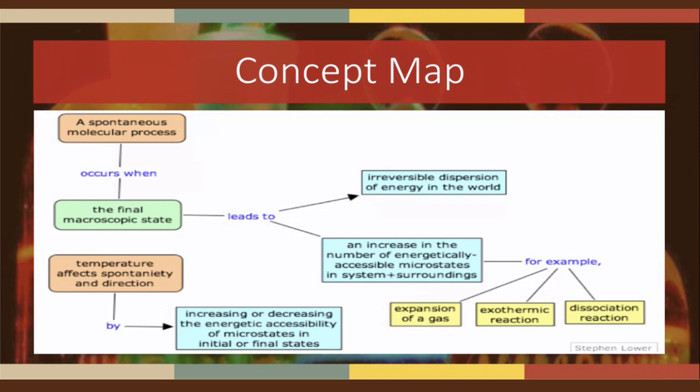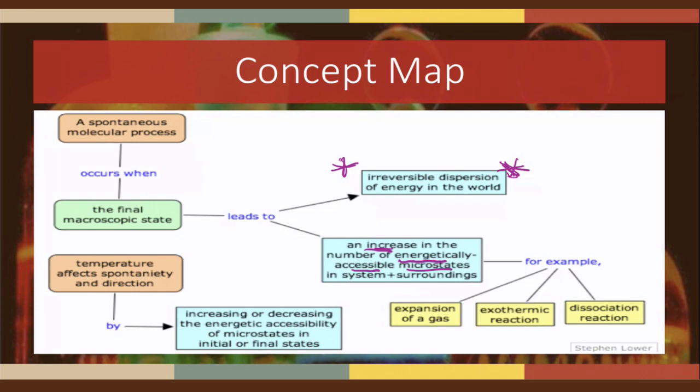A spontaneous process is one that occurs when the final macroscopic state, the final pressure or temperature or whatever it is, leads to an irreversible dispersion of energy in the world. The energy has dispersed. The ice cube and the frying pan became the same temperature. And this is because there was an increase in the number of energetically accessible microstates.